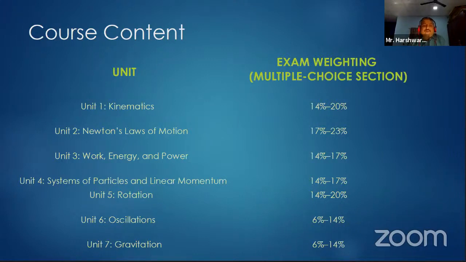The second unit is Newton's laws of motion, the dynamics part, where we study the force analysis under various situations. The key concepts that we need to learn here are free body diagrams for various situations and the calculation of net acceleration depending upon the net force acting on the body.